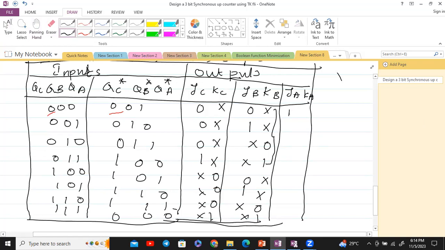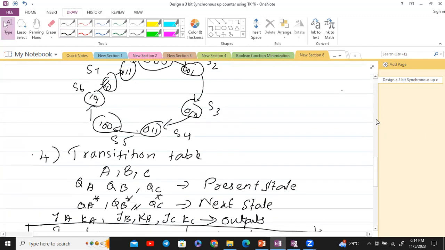It is 1 don't care. For 1 0, it is don't care 1. 0 1, it is 1 don't care. And 1 0, it is don't care 1. Alternately, you are having only 0 1, 1 0, 0 1, 1 0. So it is 1 don't care, don't care 1. Okay. So we have written all the transition table.